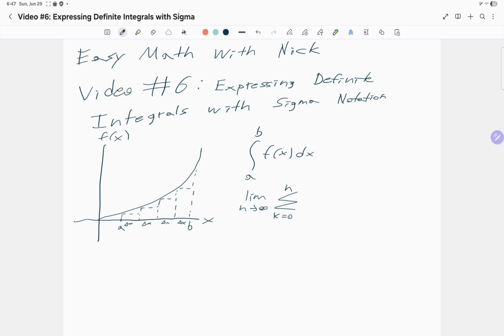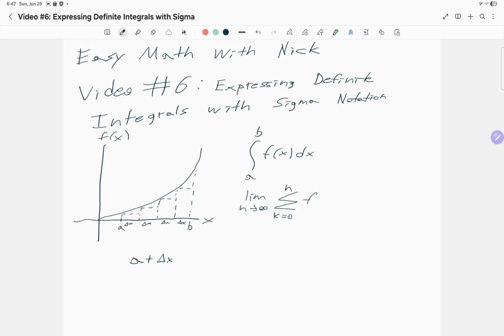And so what's going to be the length of our rectangle? Our first rectangle is a to a plus delta x. That's our x value.